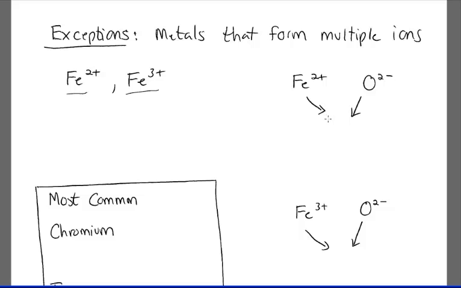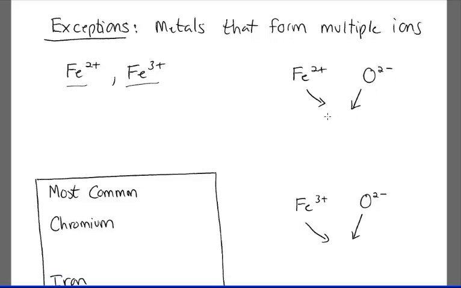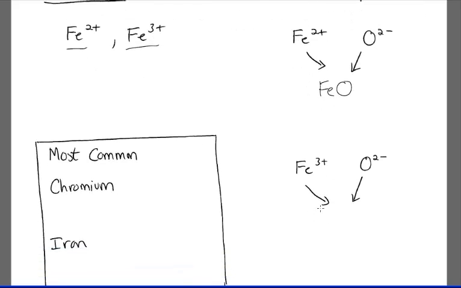So when you are combining it with oxygen, the Fe2+ version would be FeO, because you have a 2+, you have a 2-, they would combine in a 1-to-1 ratio. And the Fe3+, when it combines, you would need 3 oxygens and 2 irons.